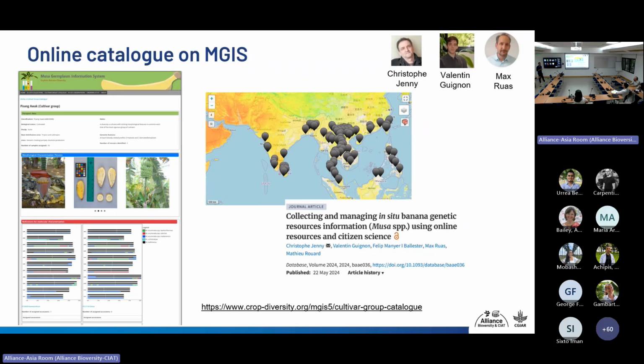Some curation is being done by experts, mostly Christophe Jenny working at CIRAD. So we can really map these pictures to particular cultivar groups, and then we obtain some maps here. Those are the maps of the Pisang Awak. So it's also a way to track where you can find the diversity on site and maybe target some intervention. That's one of the strategies we could put in place with such work.